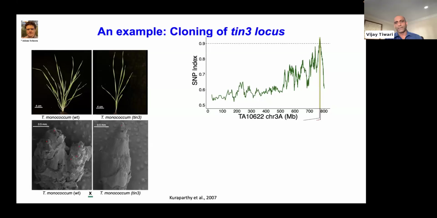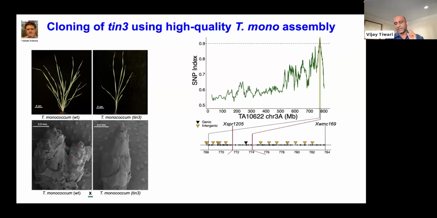And when we ran our MutMap pipeline, we found a very strong peak on chromosome 3A toward the end of chromosome 3L. Interestingly, there was a paper from Bikram Gill's group from Kansas State that had identified a locus contributing to the tin3 phenotype. So it was good that we are hitting that range.